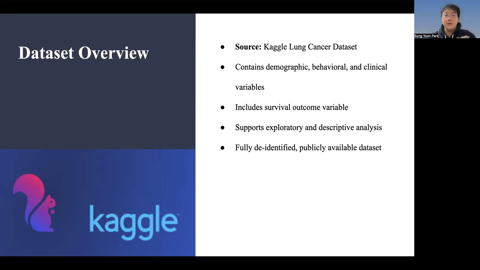Importantly, the data is fully de-identified, which makes it safe to use for academic purposes, and the structure of the data set allowed me to perform exploratory data analysis and create meaningful visualizations.